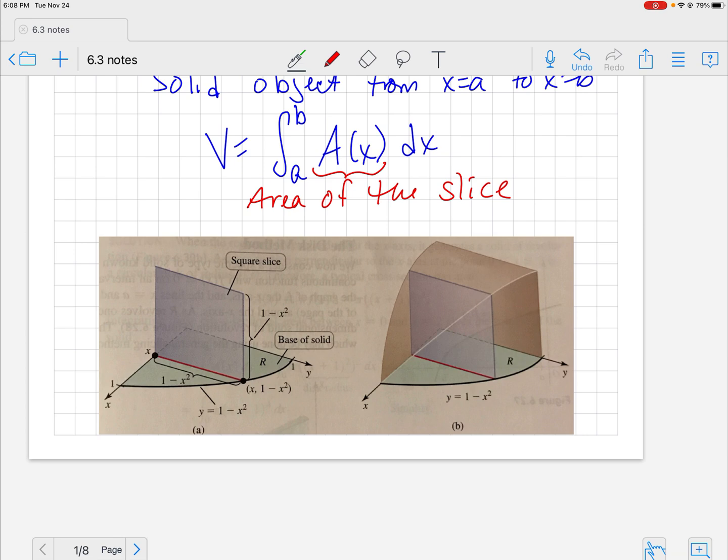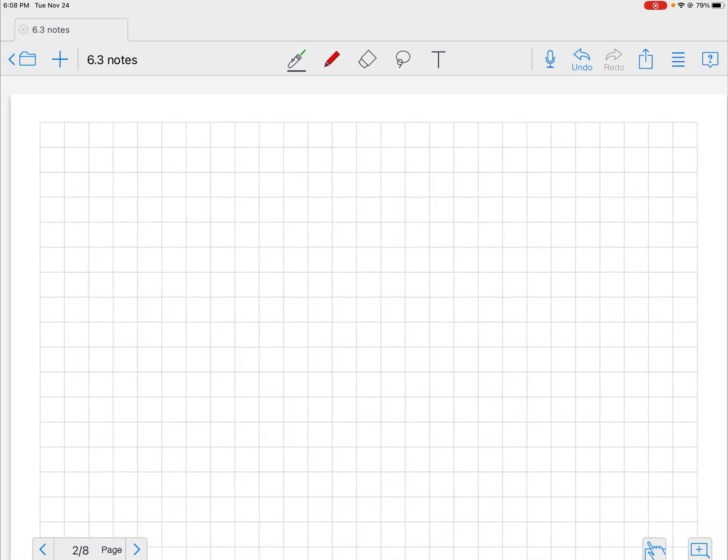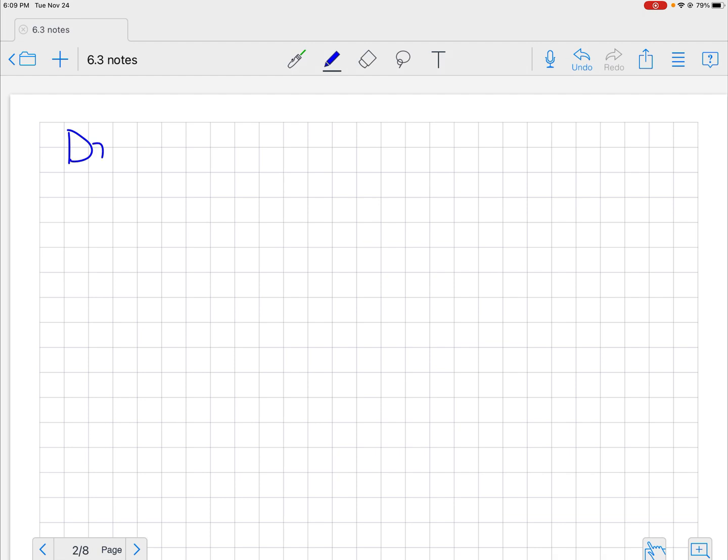All right, so take a look here. We are going to do the disk method as the first one that we're going to be looking at. So the disk method about the x-axis.